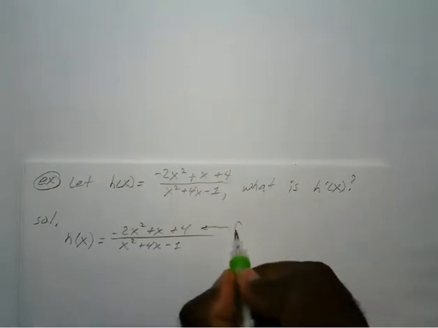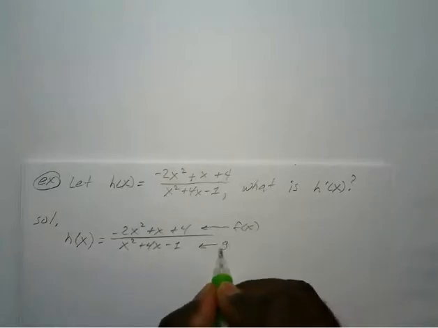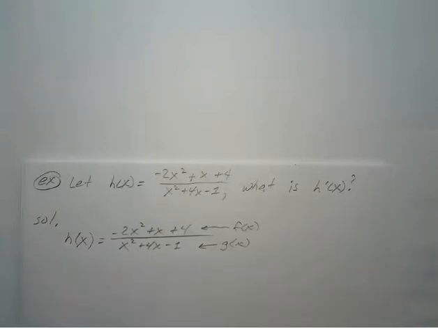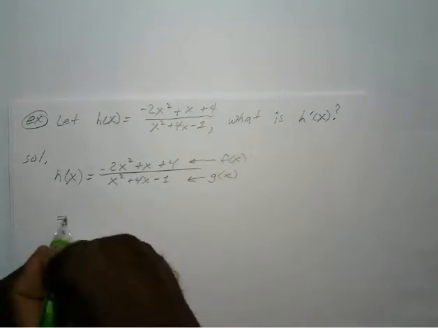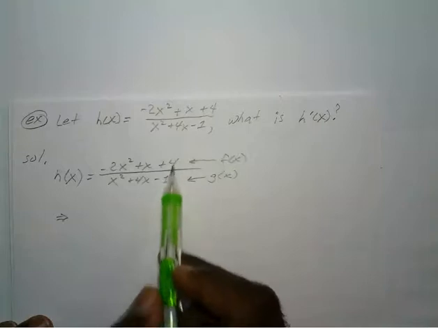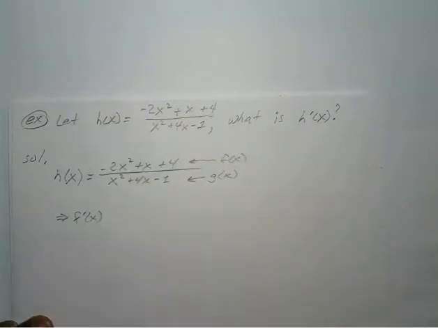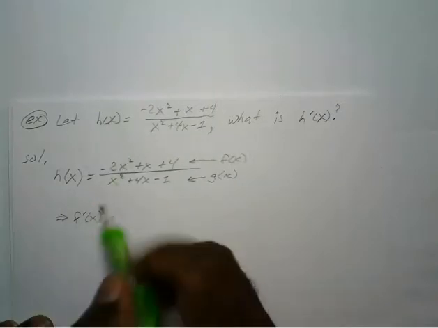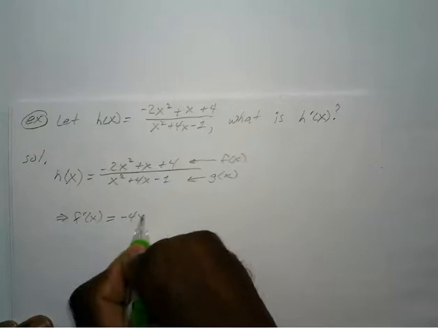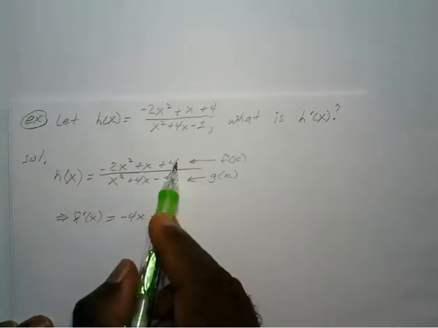Remember, this is your f of x in the numerator, and this is your g of x in the denominator. First thing we have to do is find the derivative of both of those. So f prime of x, if we bring down the 2, negative 2 times 2 is negative 4, so you have negative 4x. Derivative of x is just 1, and derivative of 4 is just 0.